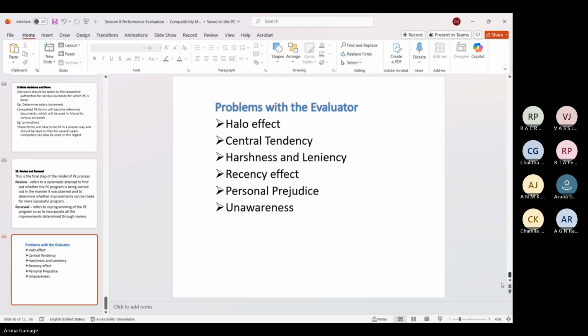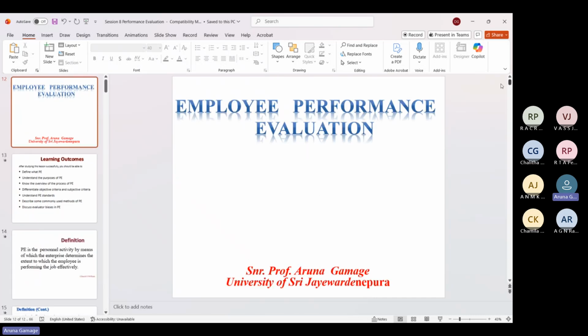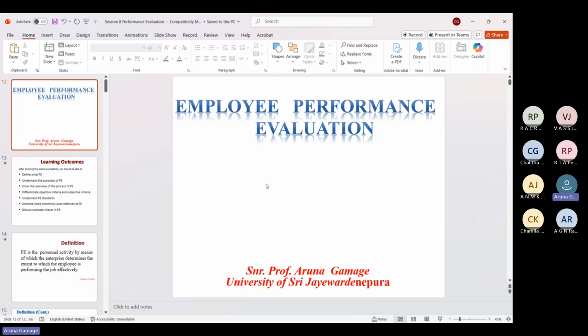I want to know whether you have got any questions with regard to that evaluation. This is a big session. It only takes 2 days to discuss, but we had to discuss within a shorter period of time.